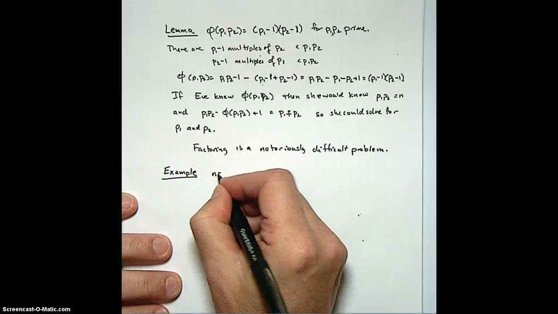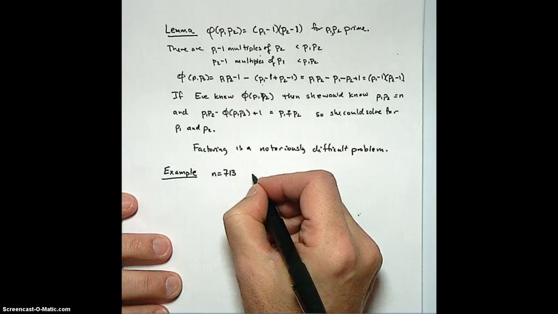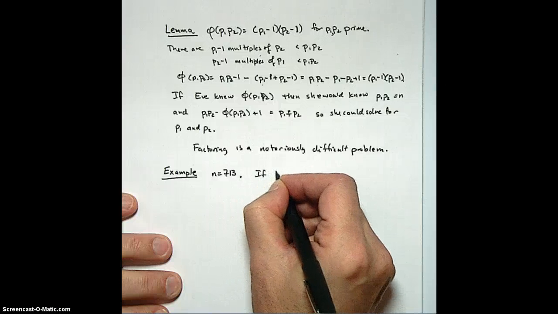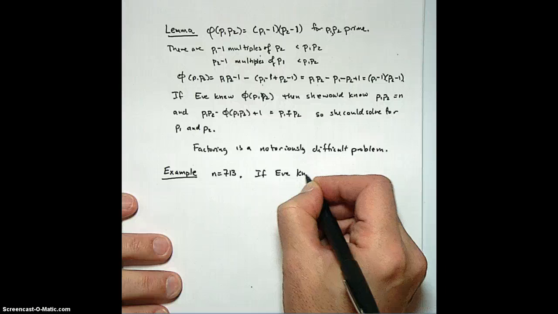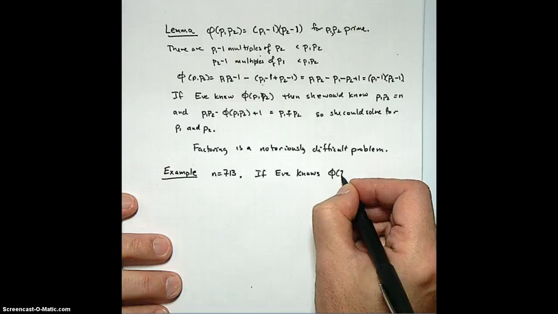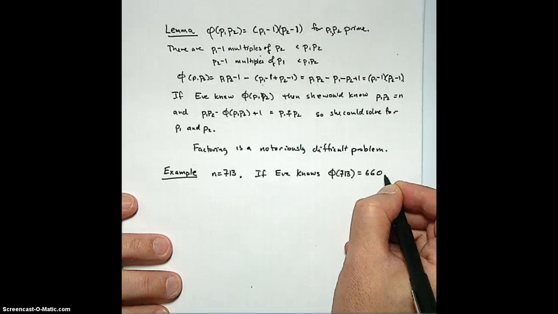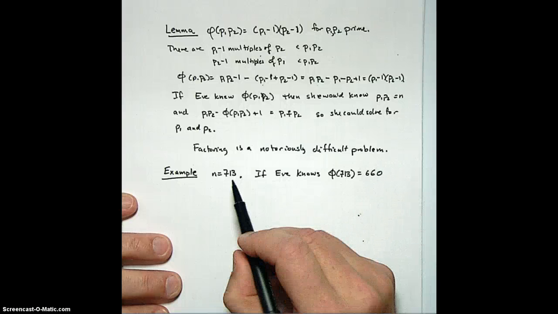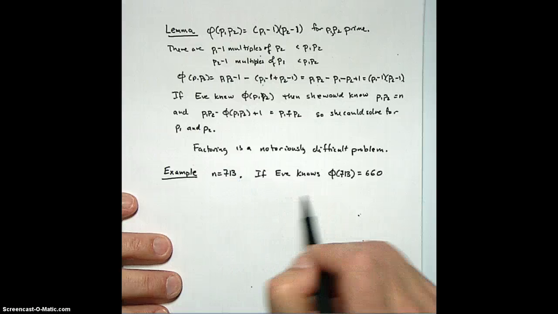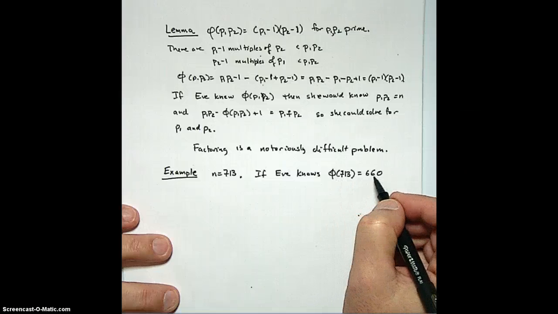So suppose n equals 713. Okay, so if Eve knows phi of 713, which is 660, so 713 is actually the product of two primes. I'm not telling you which primes they are, but I'm telling you that phi of their product is 660.